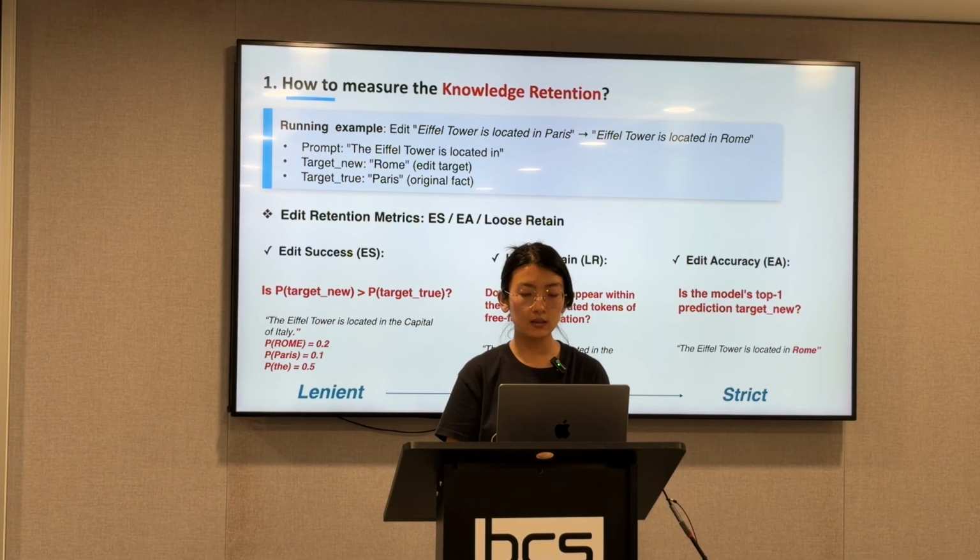And the second is the loose retained, LR, which asks if the target new appears in the first 10 generated tokens of free-form generation. And finally is the edit accuracy, EA for short, and it is an argmax metric. It counts as retained only when the top-one prediction is equal to the target new, which is Rome.